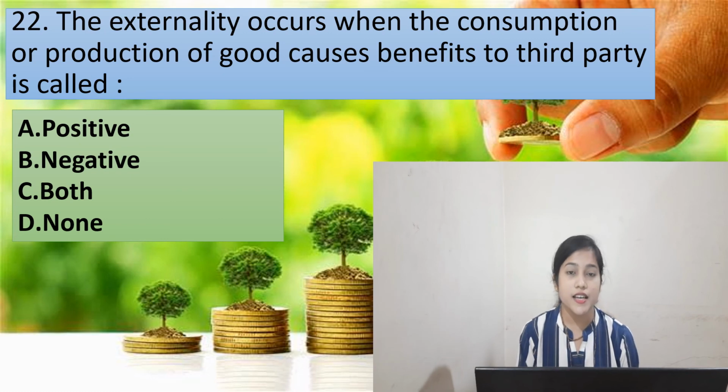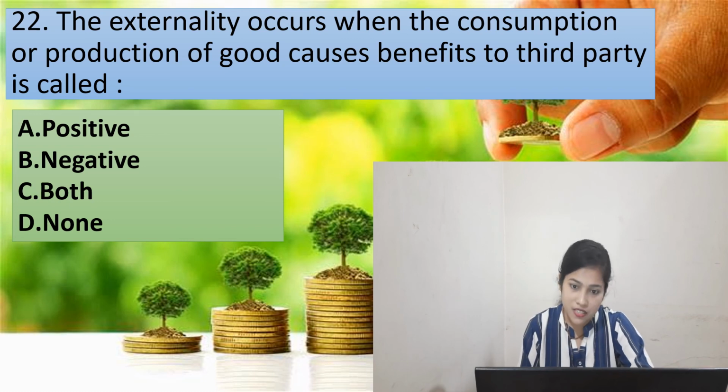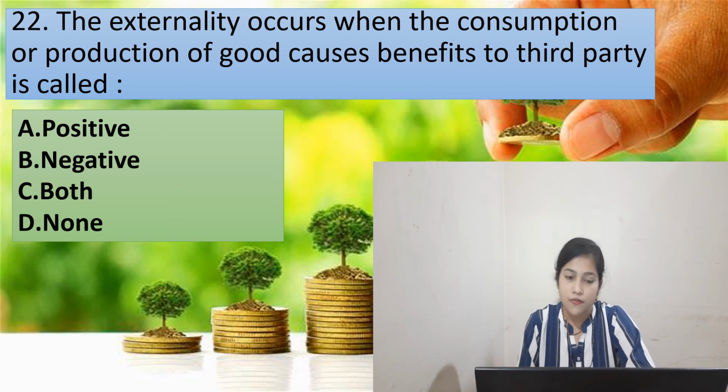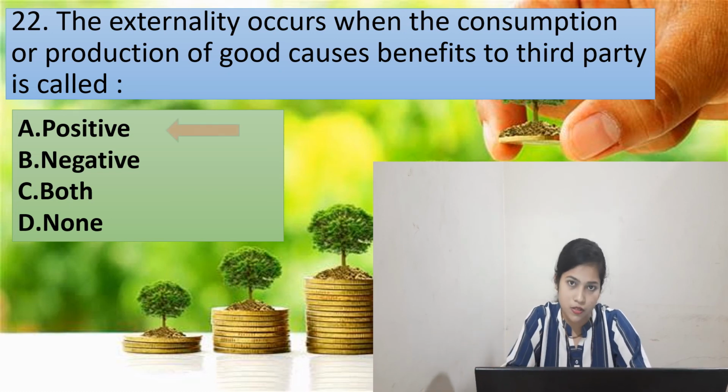Okay, moving to the next question. The externality occurs when the consumption or production of a good causes benefit to a third party, that is called positive externality, negative externality, both, or none. Well, the answer is positive externality, because you can guess easily from the question itself, it will benefit someone. Beneficial means obviously it will be positive. Let me explain through an example.